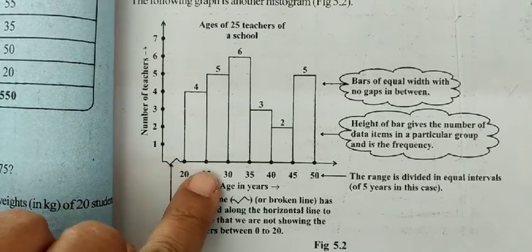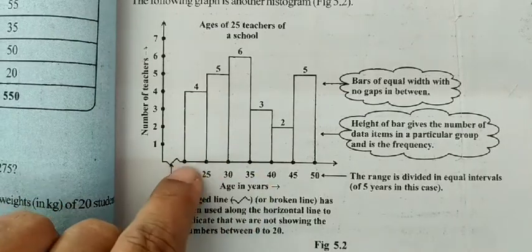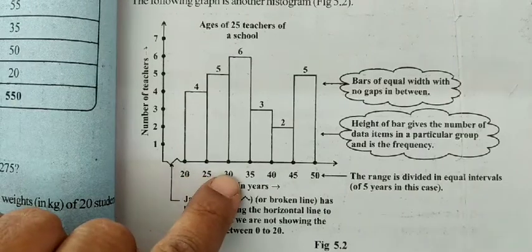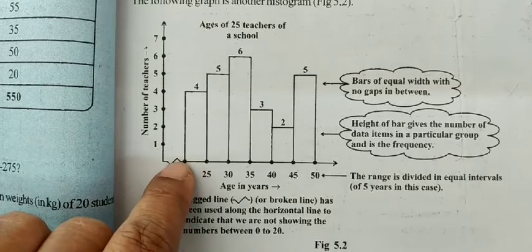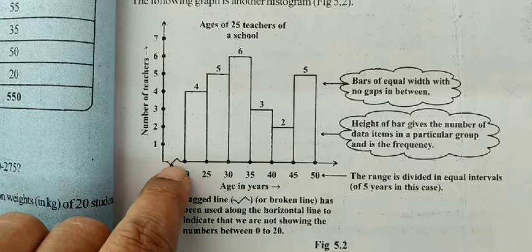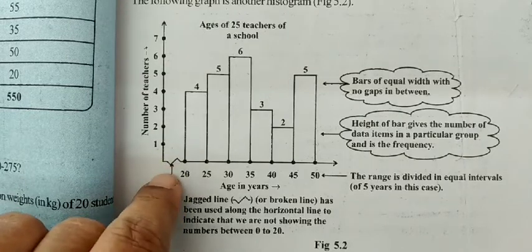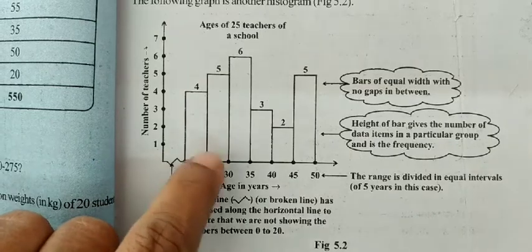And then we can take the interval of 5. You can see 20 to 25, 25 to 30. Though for 0 to 20 we have just put a zigzag line, a broken line, to tell you that 0 to 20 we are not showing. Directly we are starting from 20 to 25.